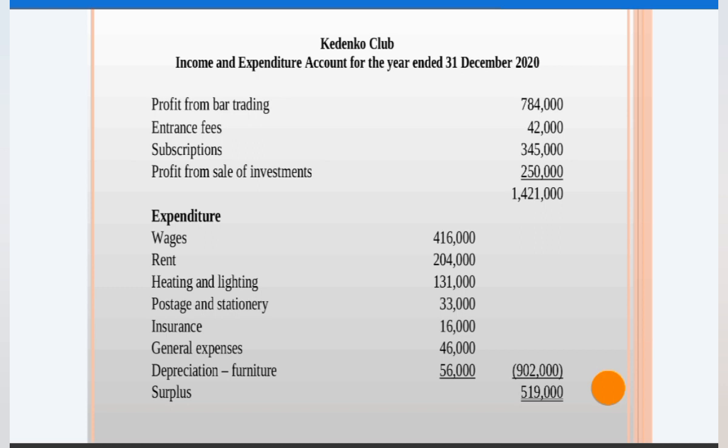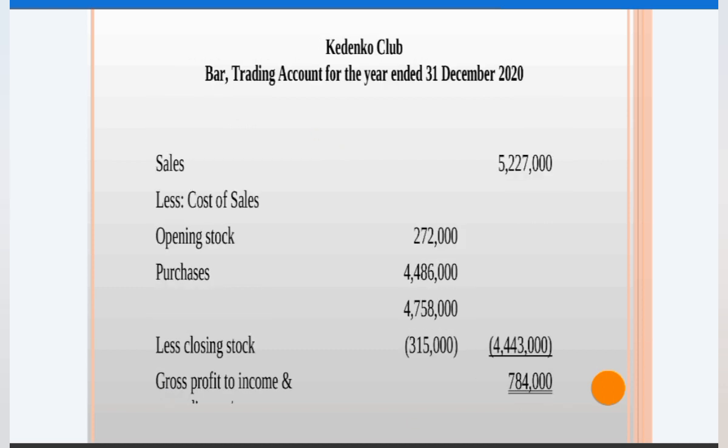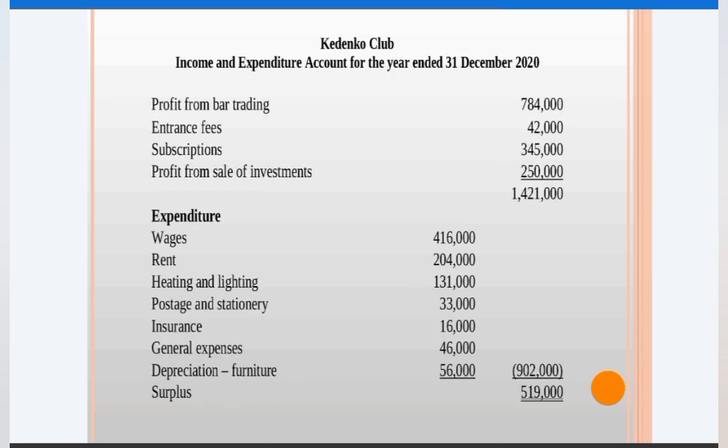And of course, one of the items in the income and expenditure account is the profit from the trading part, and we had computed that profit to be 784,000. So we bring that item to the income and expenditure account as one of the income items, profit from trading activities, as 784,000.